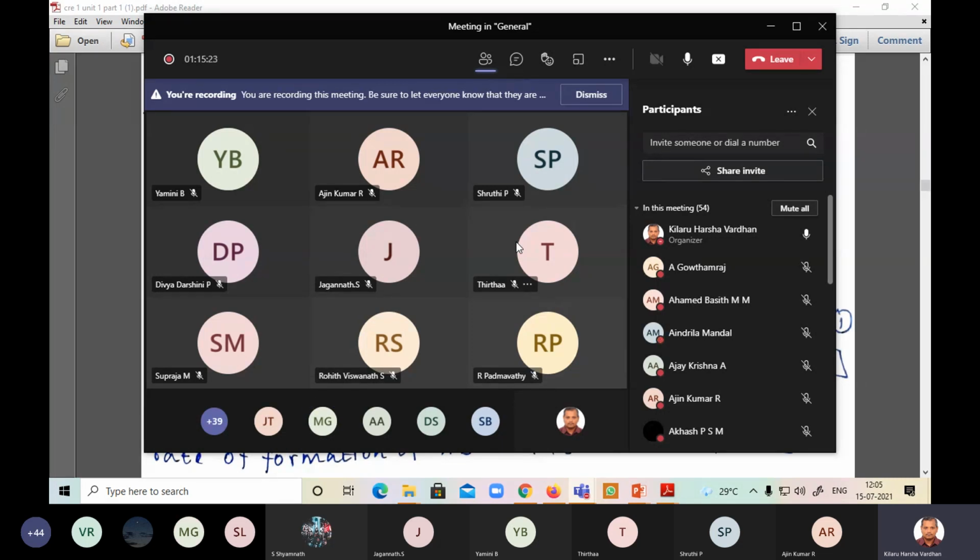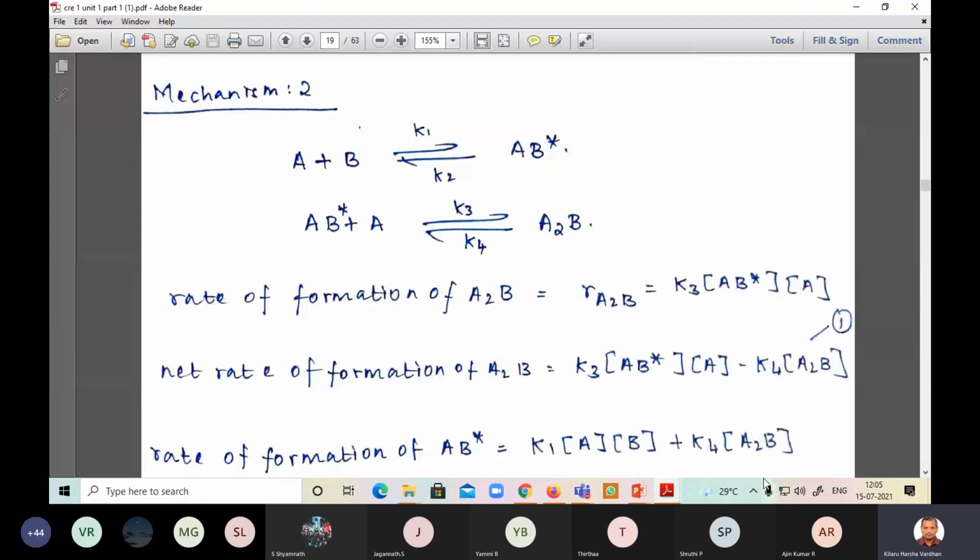Any doubt in the class? It's already 5 minutes late. Hope everyone understood. Sir, will we be able to access this PDF on LMS, just to look through it again? Yes, if you want, I'll store it in LMS, but it takes more space.